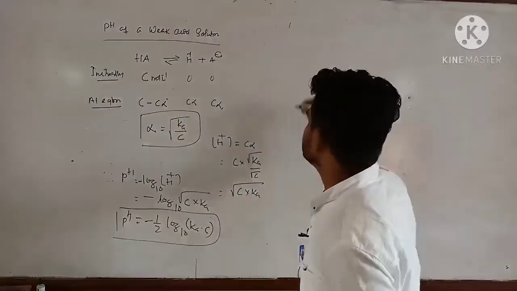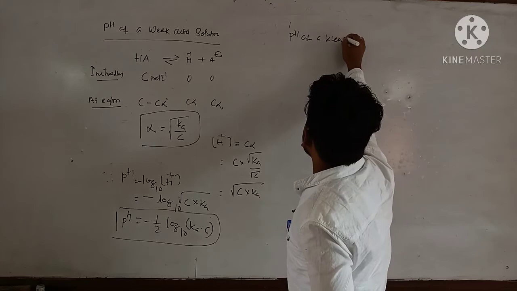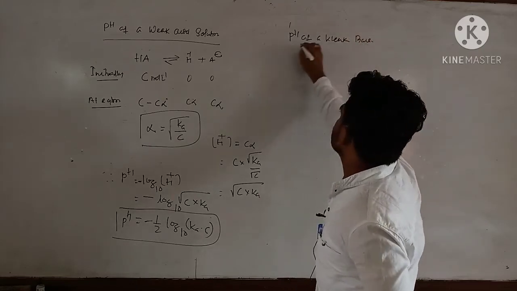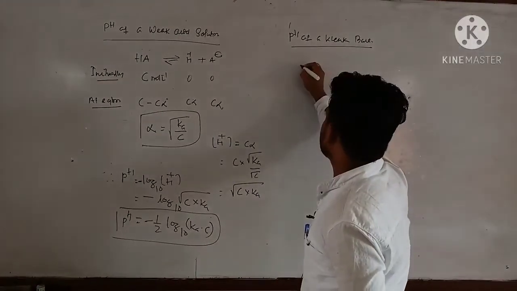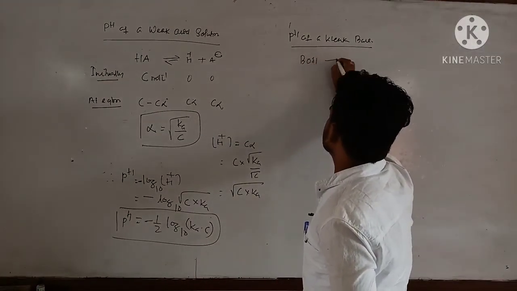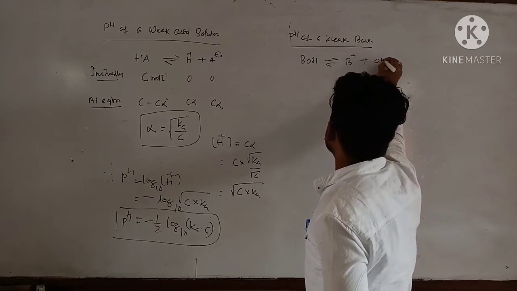Similarly for a base, the pH of a weak base. For the base I can write BOH, weak base, goes to B plus plus OH minus.